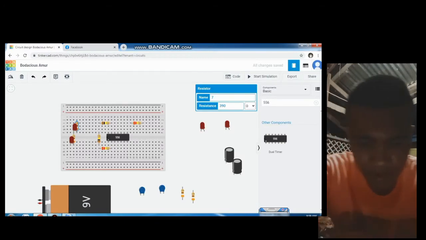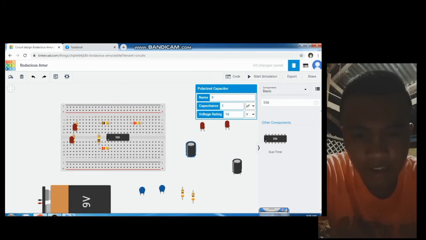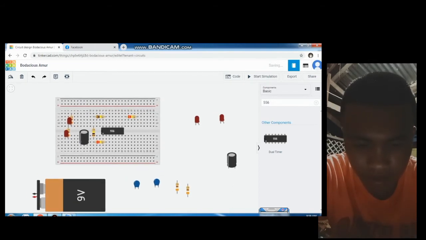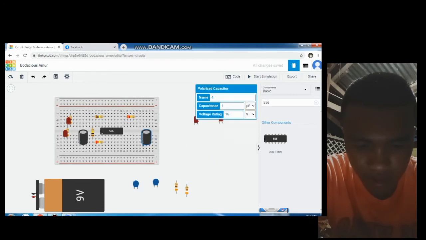Okay, next is the polarized capacitor. We put it into the left side, and next is the other polarized capacitor in the right side.